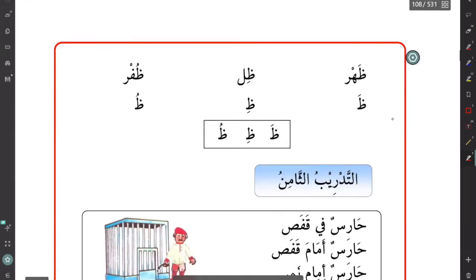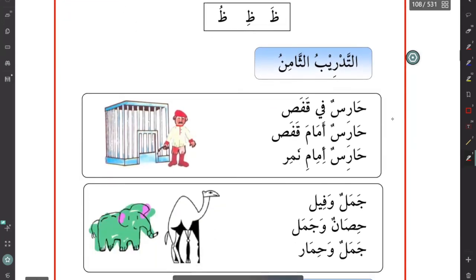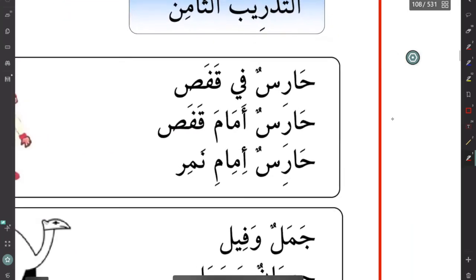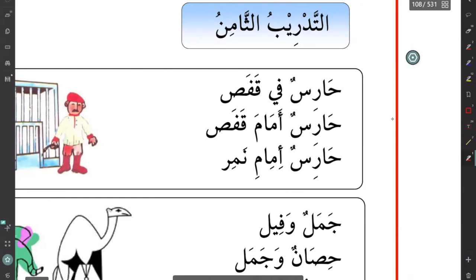Okay. And at-tadrib al-thamin, the eighth exercise, we have some sentences. Let's see what these are saying. Harisun fi qafas. Okay. So it says a guard in a what?